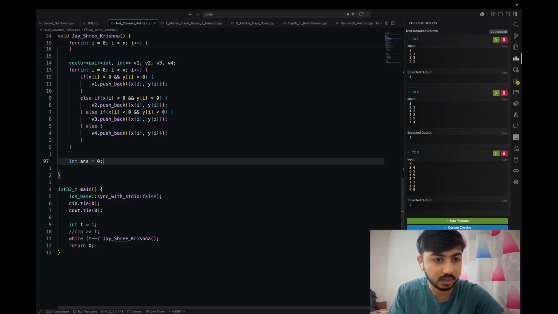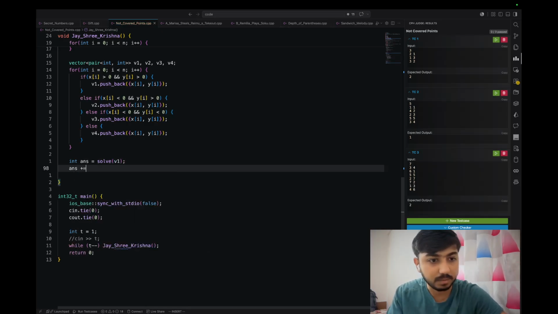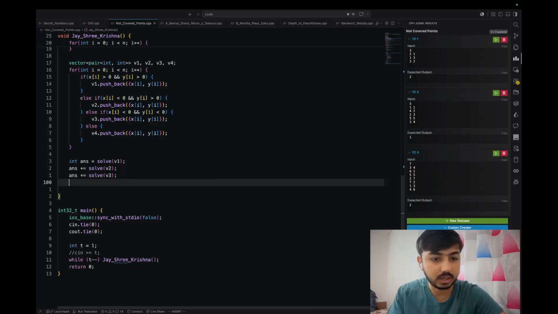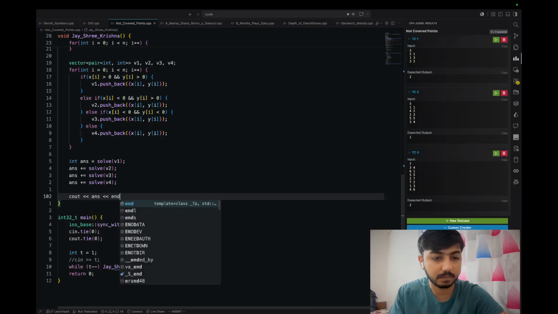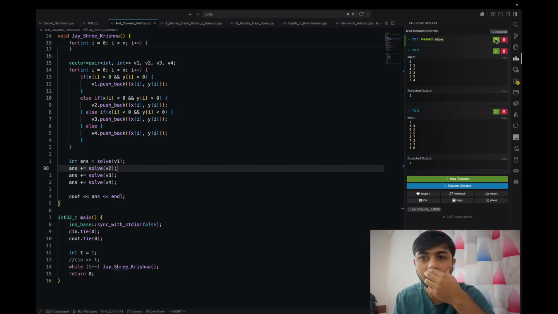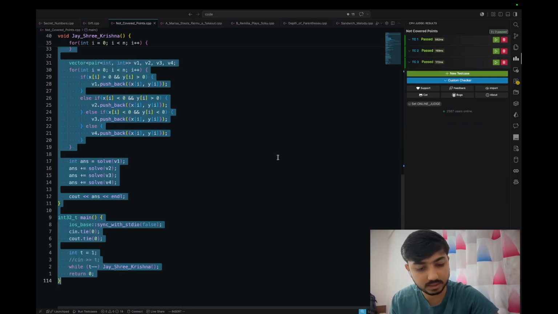What we'll do here is answer is equal to solve for v1, answer plus equal to solve for v2, answer plus equal to solve for v3, answer plus equal to solve for v4, and then cout answer. Yeah, pass, pass, and pass.